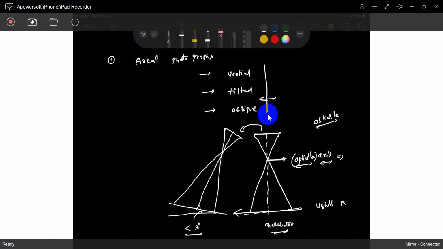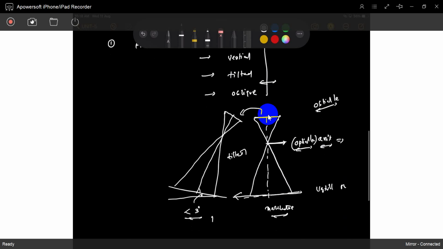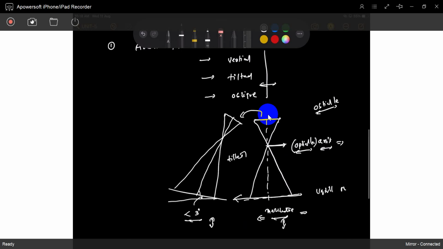If the error is below 3 degrees, we call it a tilted photograph. But in reality, these are the photographs we get, not the perfectly vertical ones. We discussed everything in the theoretical form, but in reality we will get just a small tilt, below 3 degrees. It's the wind. If you take photographs from an airplane, the wind will slightly change things. So a tilt of less than 3 degrees, you can call it tilted.